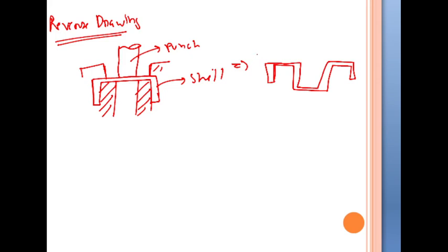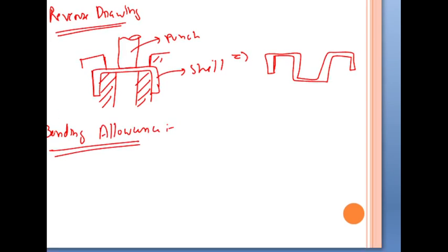Now let's study about the bending allowance. Sometimes they might ask us to find the bending allowance. There is a formula for it.